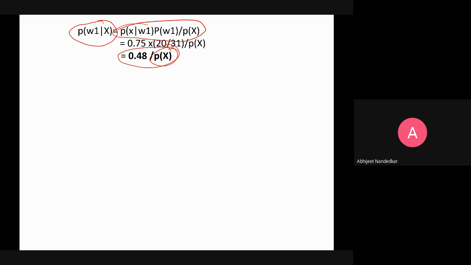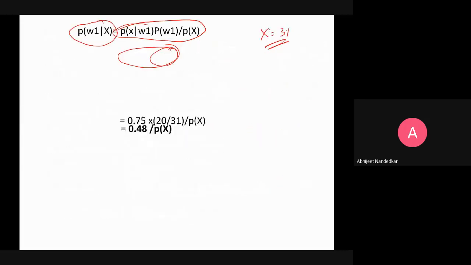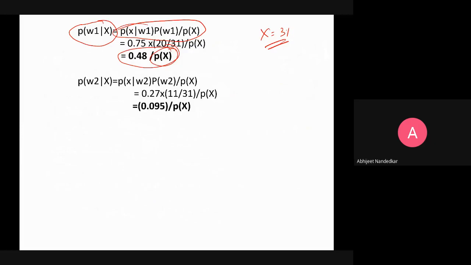Remember, x is 3.1. Here use Bayes for class 2 and you will get this quantity, 0.095 by p of x.